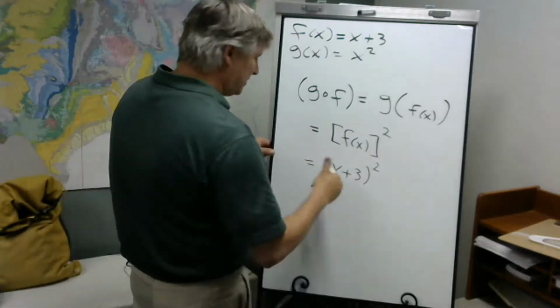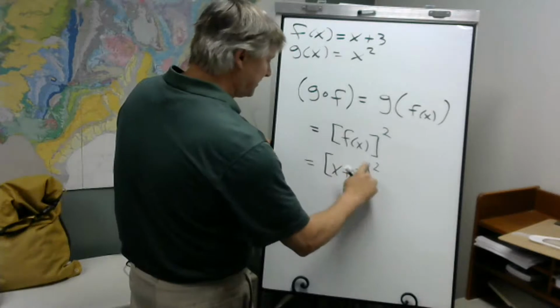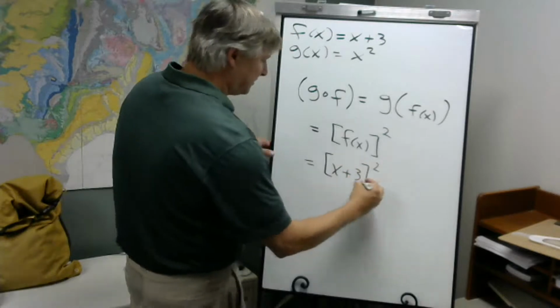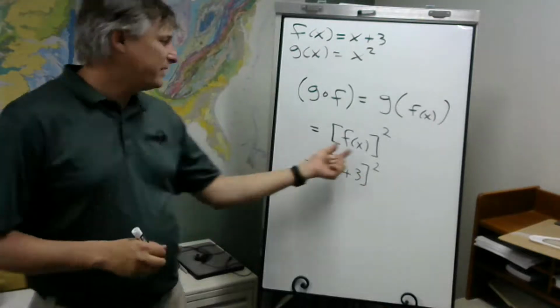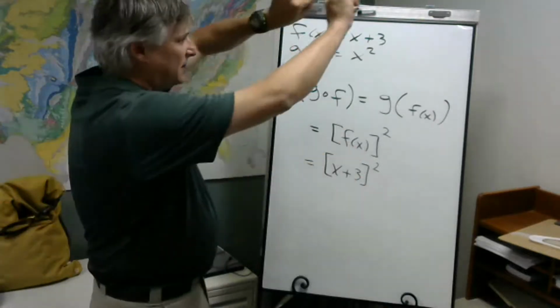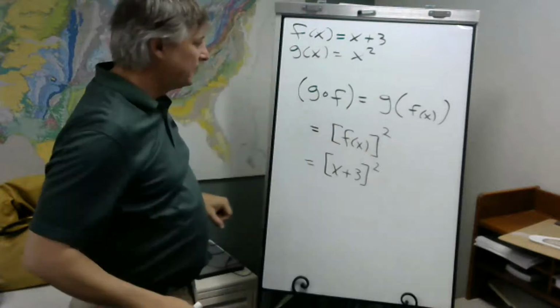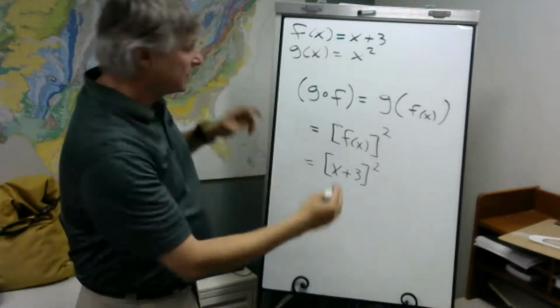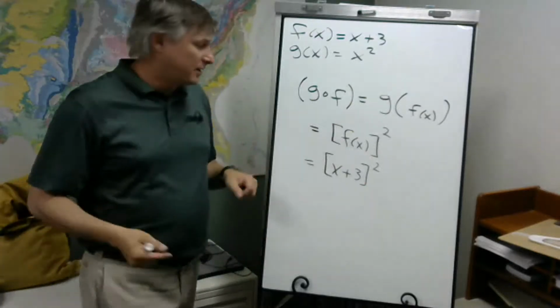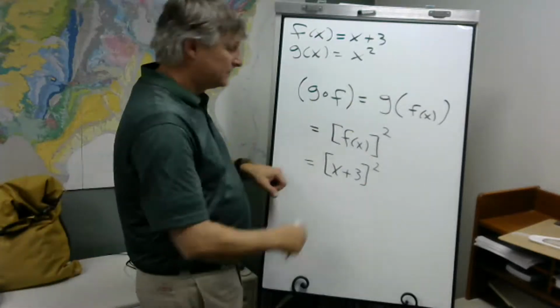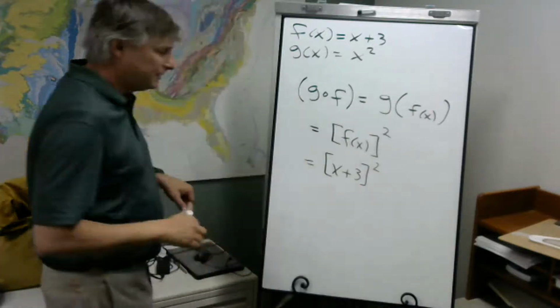Keep the brackets here. If you're not familiar with brackets, they're the same as parentheses. They do the same thing. Usually, if you have inner parentheses, we use the arcs, the parentheses, and then for outer parentheses, it's very common to use brackets instead. But they serve as the same thing. They act like parentheses. So that means we're squaring x plus 3.